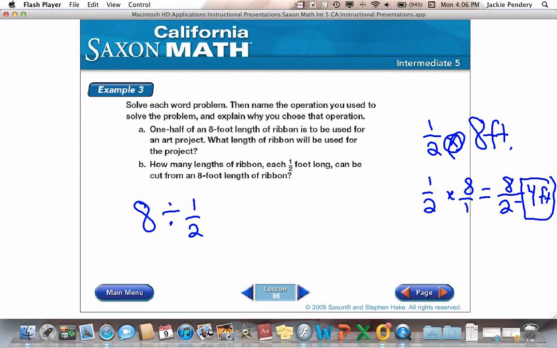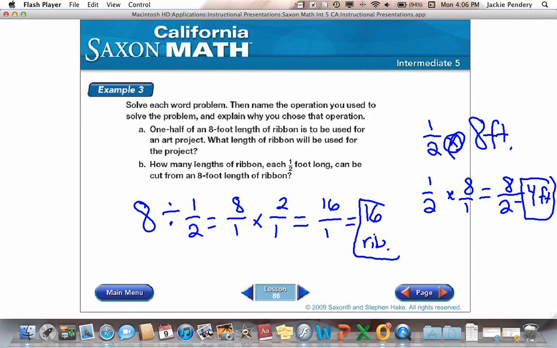Each piece is going to be 1/2 foot long, and I want to know how many ribbons that will get me. So I'm going to take my whole number, turn it into a fraction, take my half and find its reciprocal, and multiply, because whenever I divide a fraction, I find the reciprocal and multiply. And then 8 times 2 equals 16. 1 times 1 equals 1. So I get 16 ribbons from 8 feet.